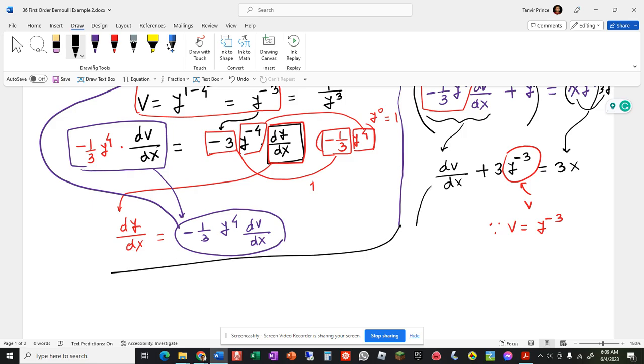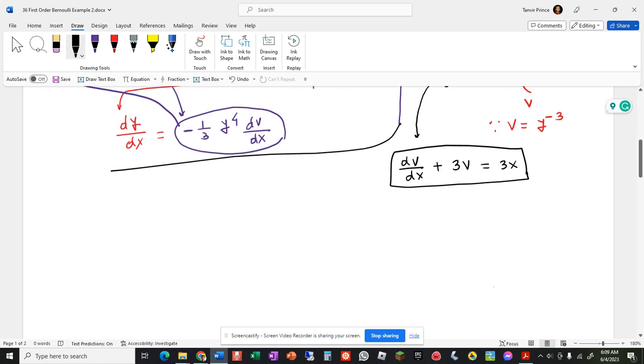So let's continue. So I have dv dx plus 3v equal to 3x. So at this point, there should not be any y. And this is a linear equation in terms of v and x.